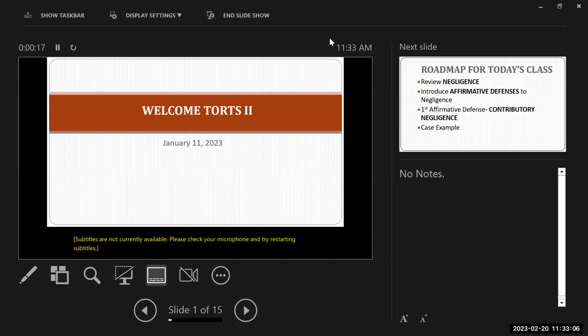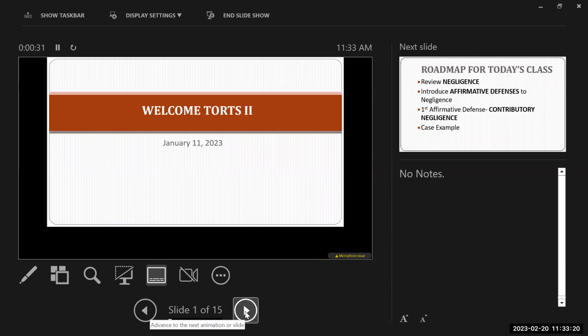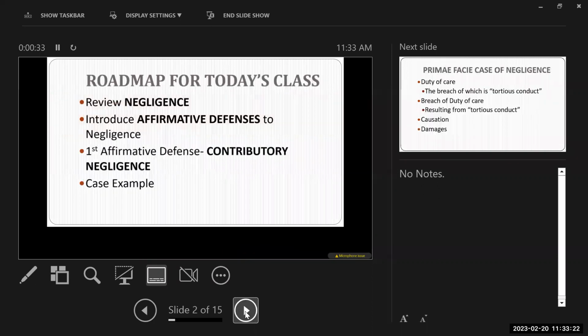We're going to begin with a quick review of negligence, since this is the last area of torts that I understand you covered last semester. Once we move from the review of torts, we are then going to begin our introduction into affirmative defenses to negligence.